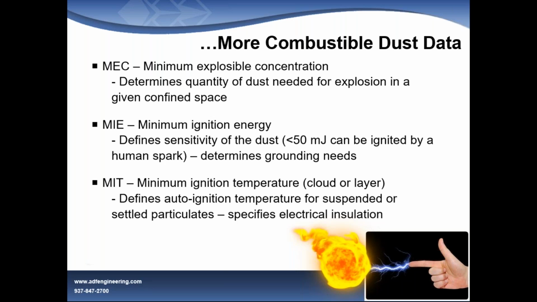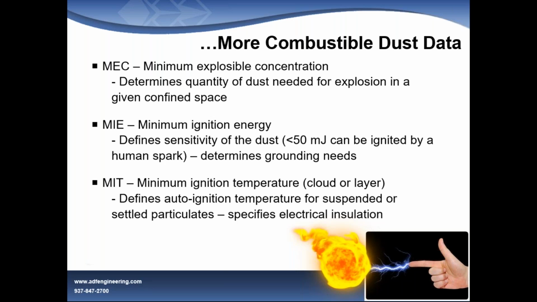The other one that I recommend, minimum ignition temperature for a dust layer in particular, that is the temperature at which the material will auto-ignite. So if you're settling material on light fixtures and motors, this determines how hot you're allowed to get that equipment, which goes into the electrical insulation specifications. You may have a T3 motor requirement as opposed to a T4 or a T1.